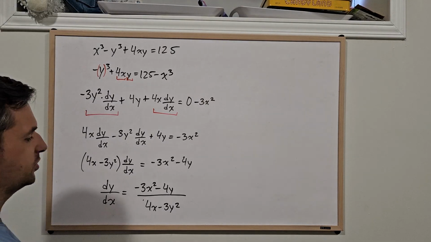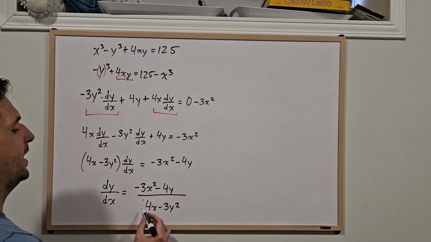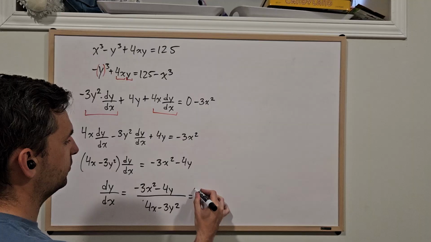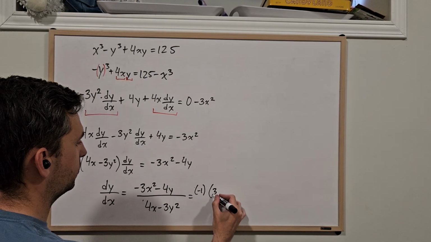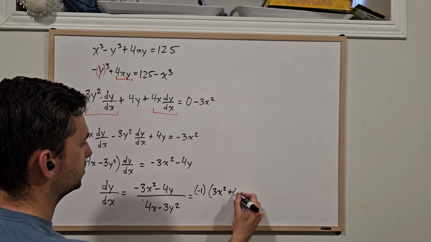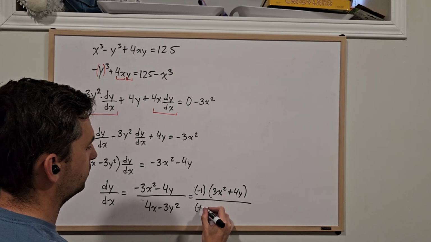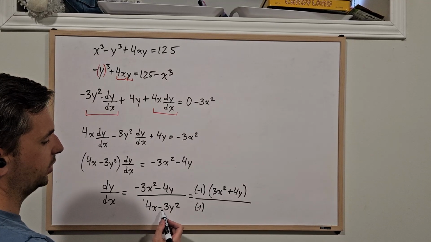In order to do that, you're going to want to factor out a negative 1 from both the top and the bottom. If you factor out the negative 1 from the top, you're just going to have 3x squared plus 4y. Factoring out a negative 1 from the bottom, you're going to have negative 4x plus 3y squared.